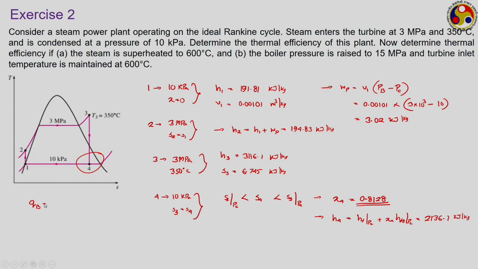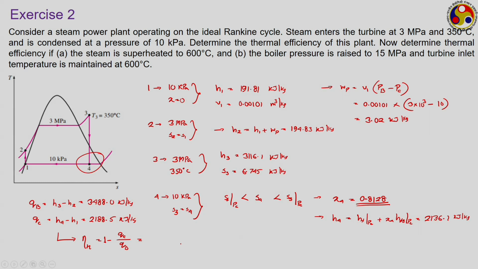So, we can easily calculate the remaining numbers. The QB, we have to calculate the thermal efficiency. So, your QB will be equal to H3 minus H2, and this is coming to be 3488 kilojoule per kg, and heat rejection is coming to be equal to H4 minus H1, which is 2188.5, which gives you a thermal efficiency of 1 minus QC by QB to be equal to 33.4%.